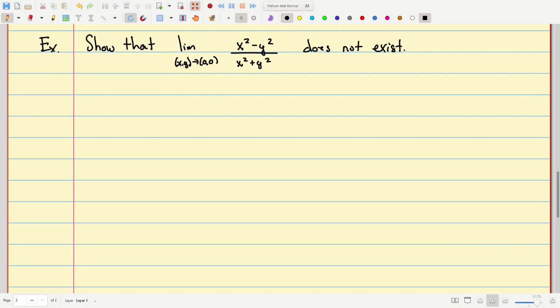Now, before we do this, I want to remind everybody of something. In mathematics, there is a concept known as a counterexample. A counterexample is sufficient to show that a statement is false.